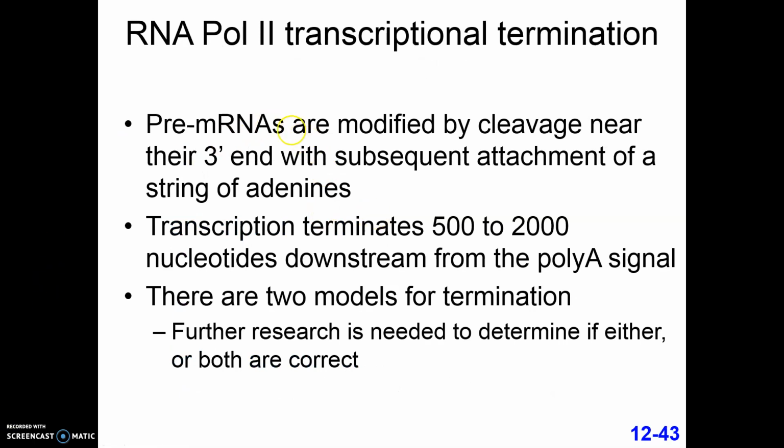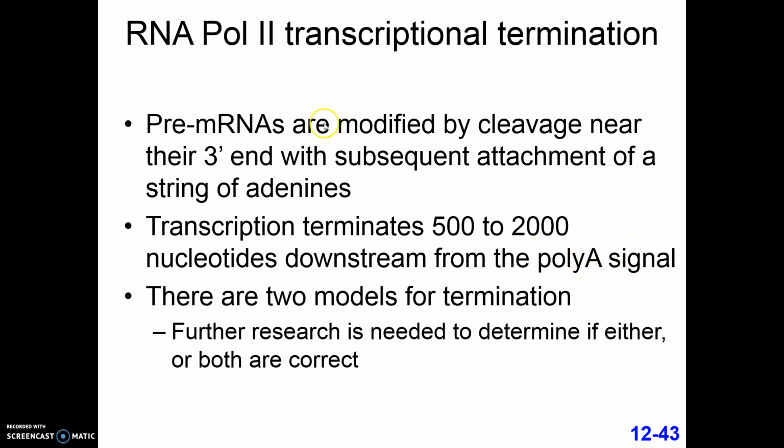Now, eukaryotic messenger RNAs are heavily modified. You've heard about introns and exons before. There are even more modifications that take place. One of these is a sequence on the transcript that is known as a poly-A signal.